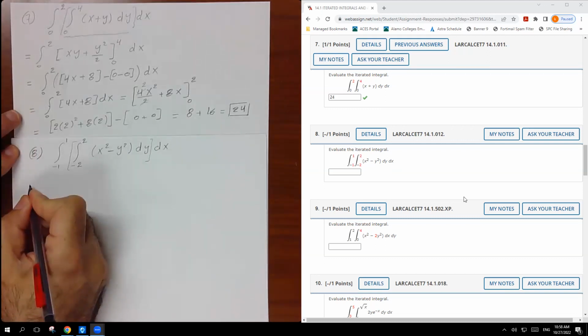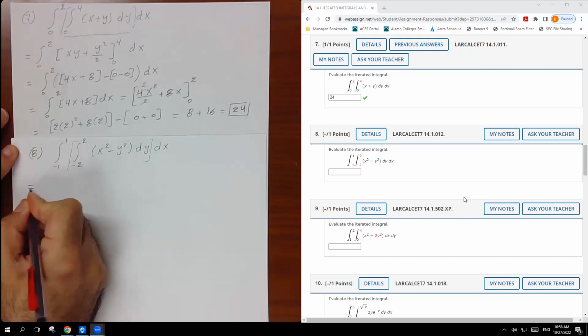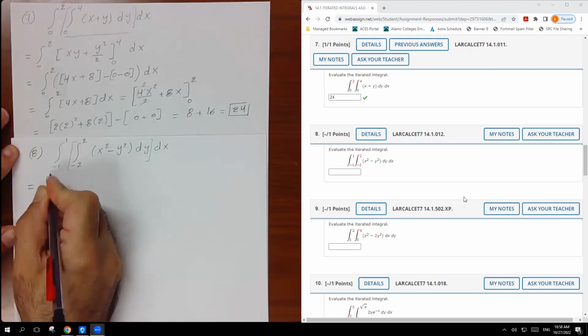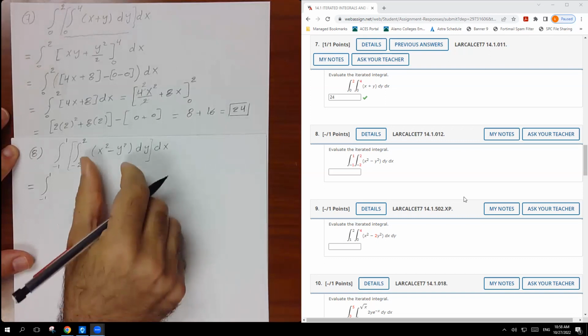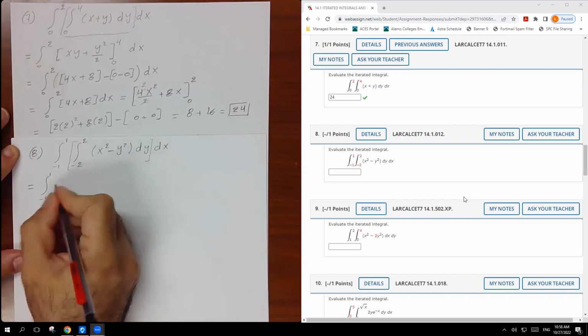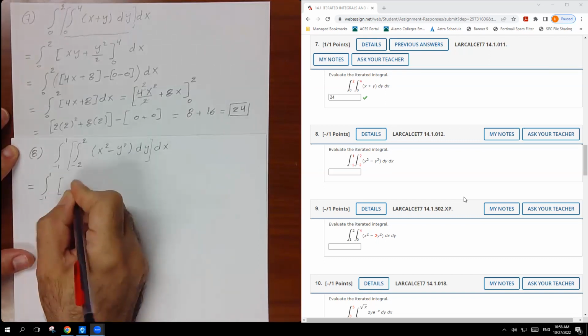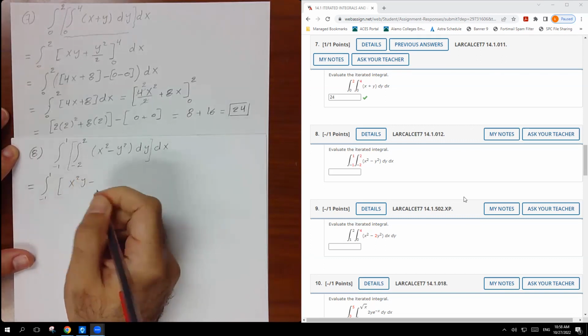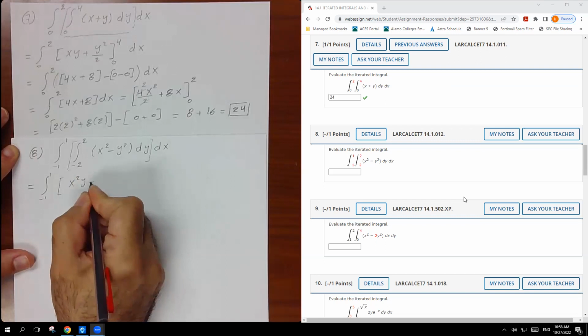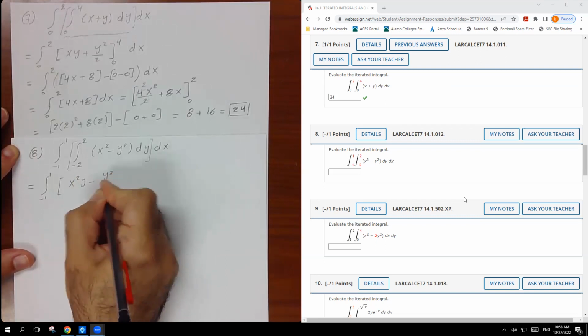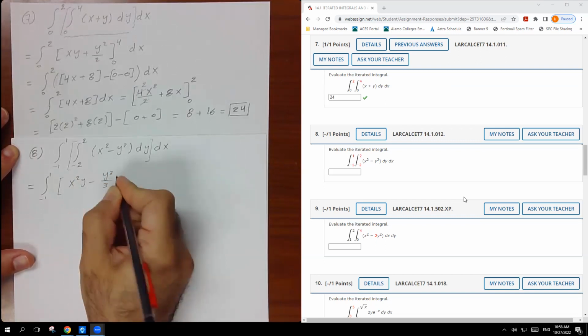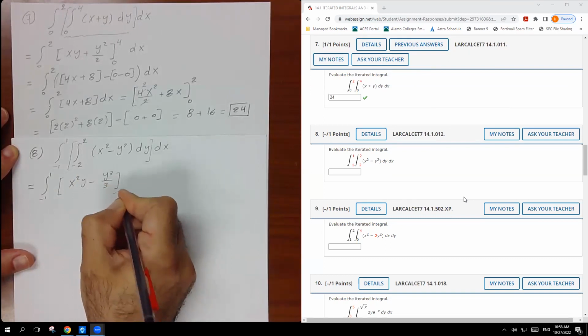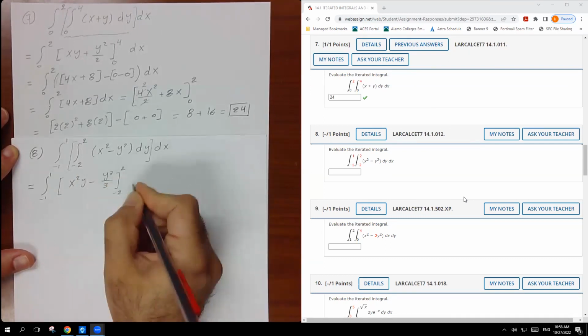So this one is going to be equal the integral from -1 to 1. The integral for this one with respect to the y is going to be x squared y minus y cubed over 3. And the border from -2 to 2.